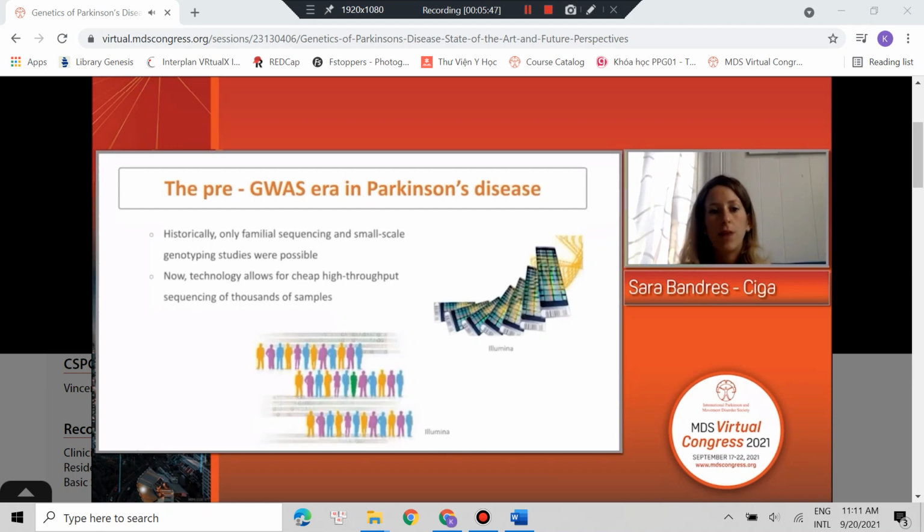However, despite those challenges and limitations that I highlighted, in many ways, GWAS studies have been the engine that has pushed us along our voyage to understand Parkinson's disease. Historically, in the pre-GWAS era, there were only very few familial sequencing and small scale genotyping studies performed.